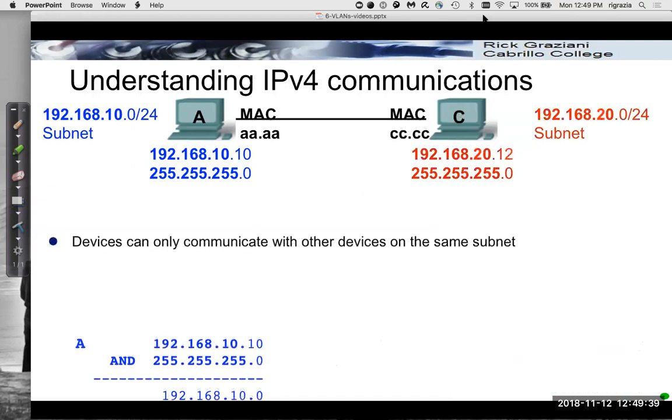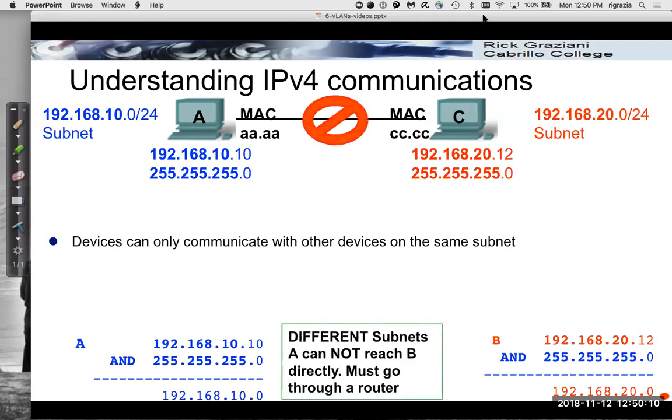Now, what if A was trying to reach C, and C is on a different IPv4 network? Well, A first of all uses its subnet mask and its IPv4 address, does the bitwise AND operation, determines what network it belongs to, knows the destination IPv4 address, and again uses A's subnet mask, does a bitwise AND operation, and it results in different network addresses.